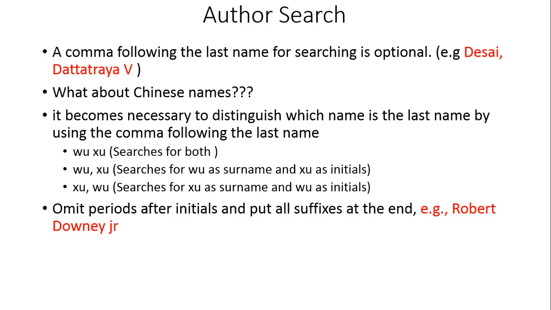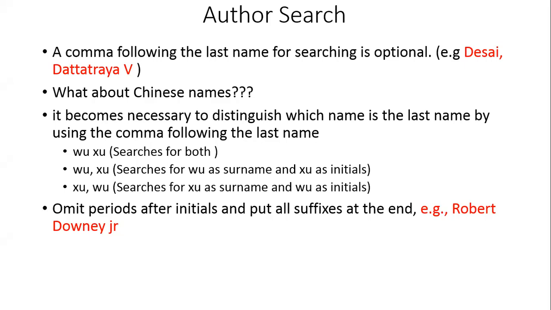In such a case, since we are Indian, we know that Desai is a surname and Dattatreya V is the initials, the name of the researcher, and V might be the middle name, right? Since we are Indian, we can perceive this. But what about people who are not familiar with Indian names? Similarly, we are not familiar with Chinese names, so it becomes difficult for people to have that perspective.